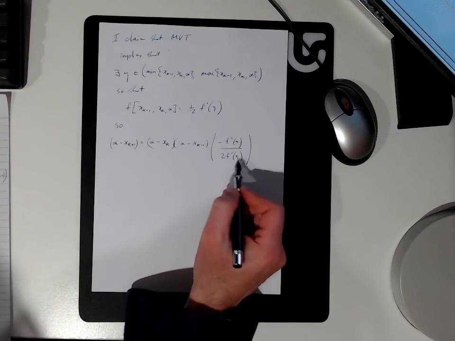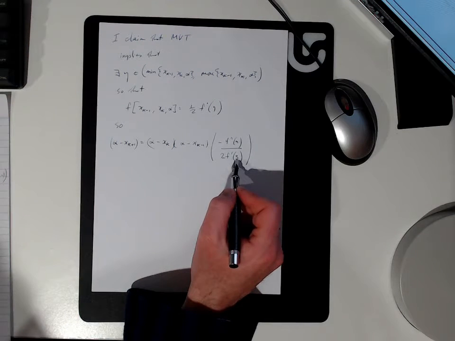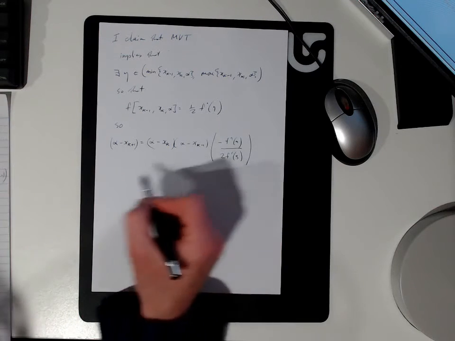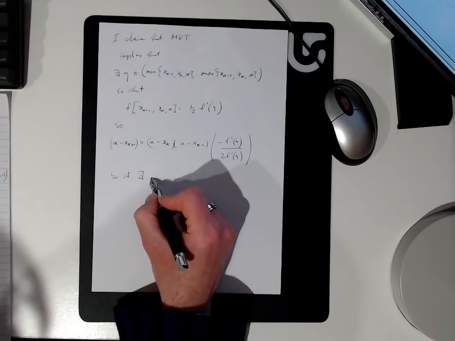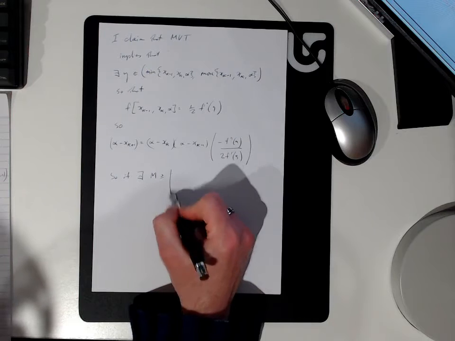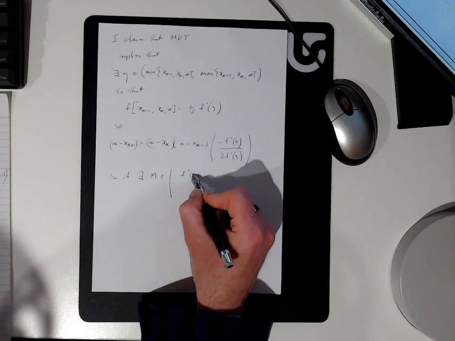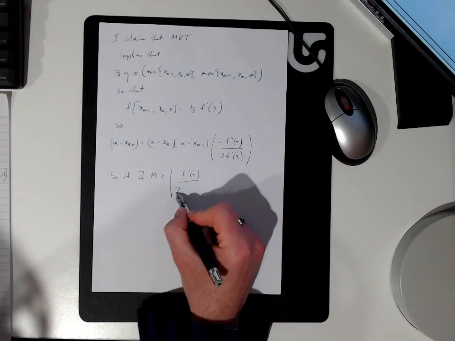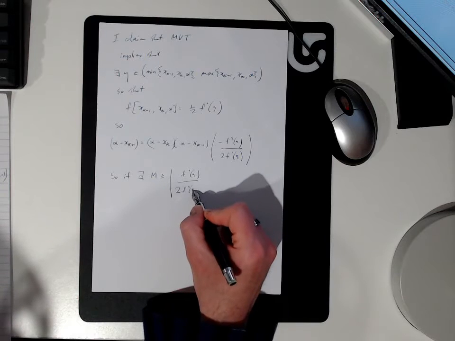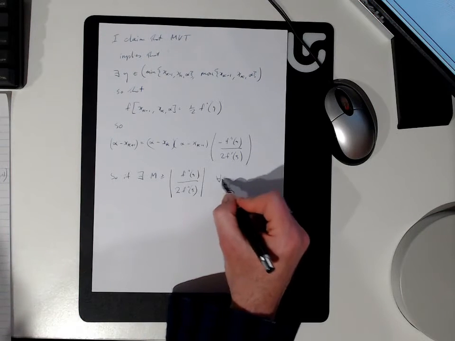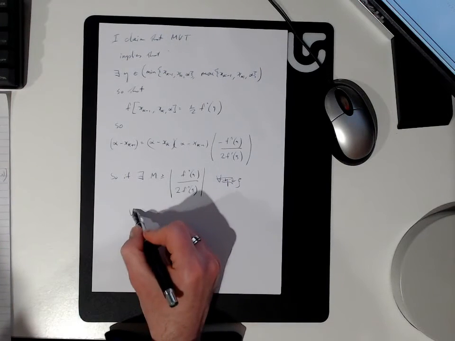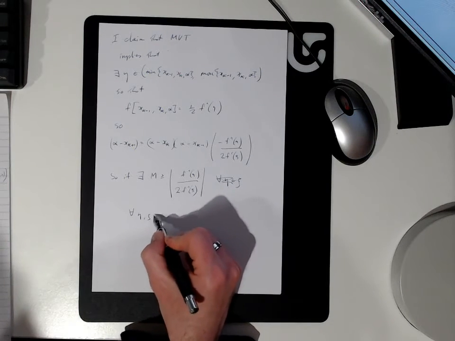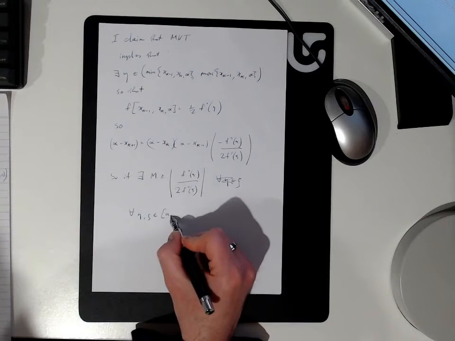Okay, so what we want is, so if there exists m greater than or equal to the absolute value, for all eta and zeta, an element of AB.